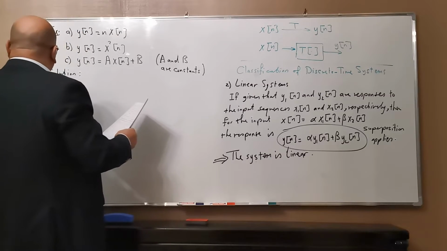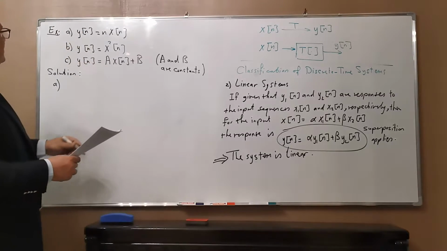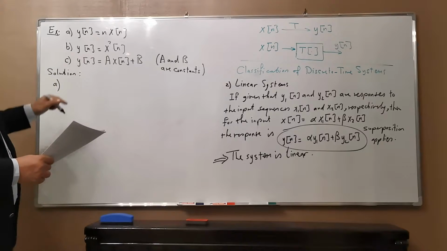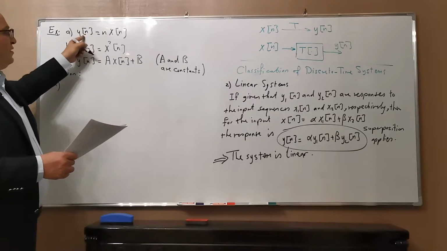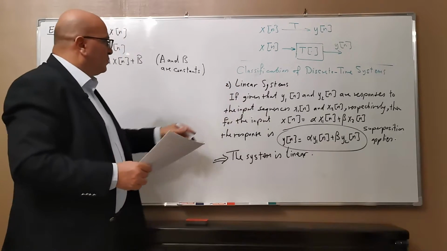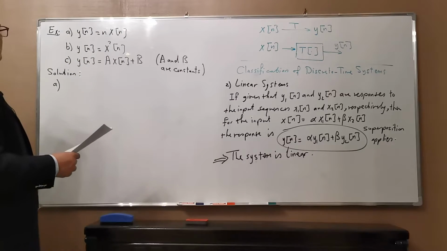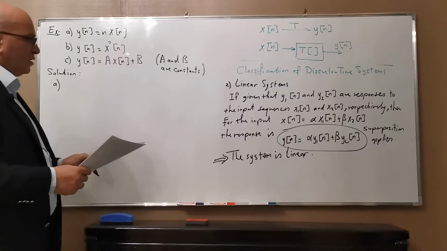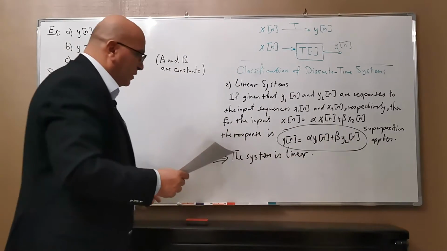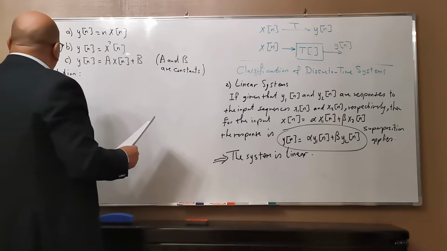Solution. Let's take part A and see. We have three different systems here. We're going to check the validity of linearity for each of them by seeing whether the superposition principle applies.